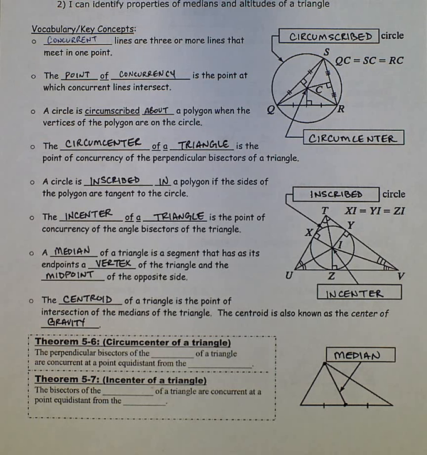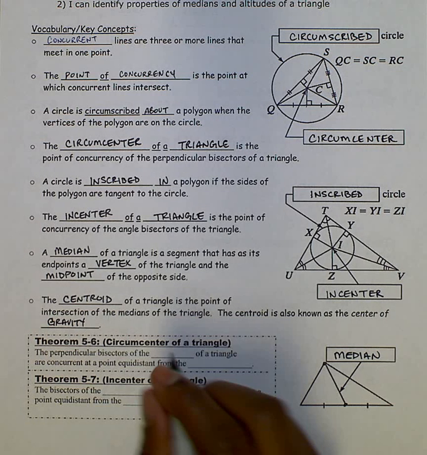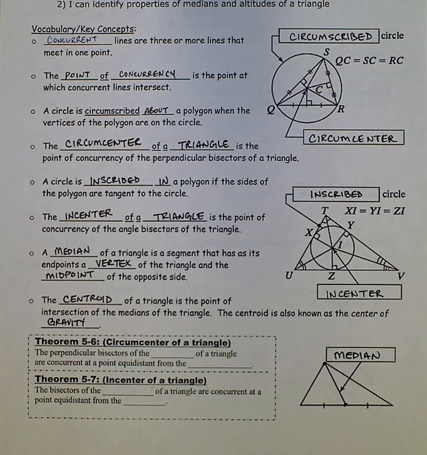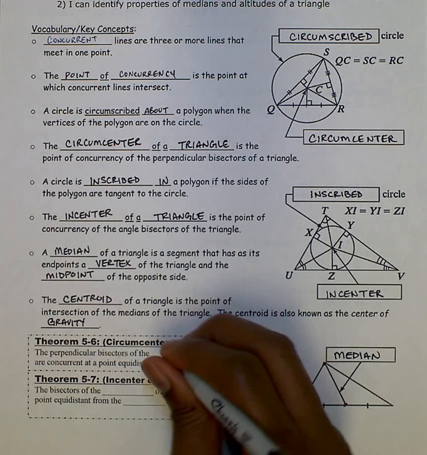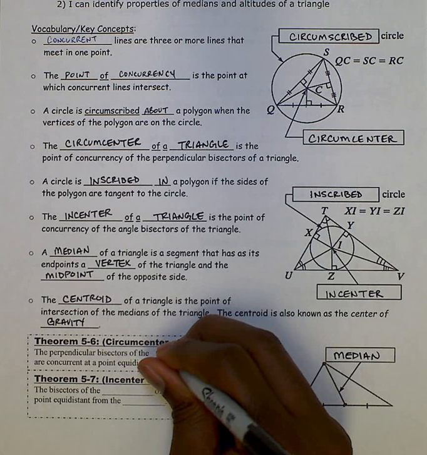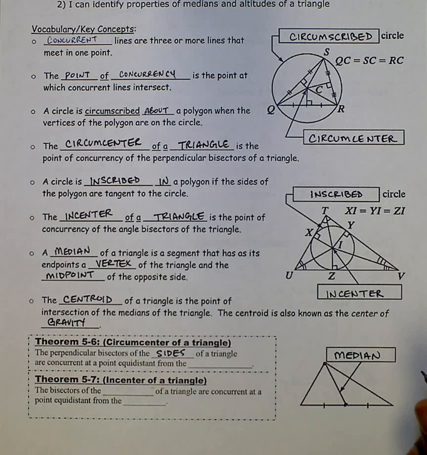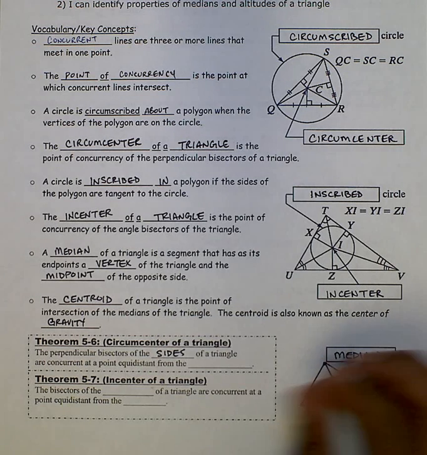Okay, and now we have theorems about the circumcenter and the incenter. Circumcenter is made up of perpendicular bisectors. The perpendicular bisectors of the sides of the triangle are concurrent at a point that's equidistant from the vertices.